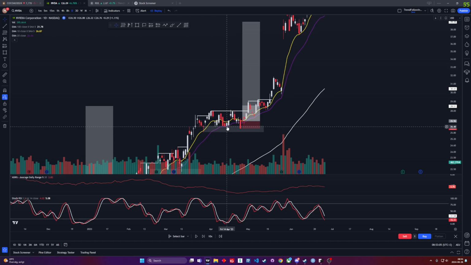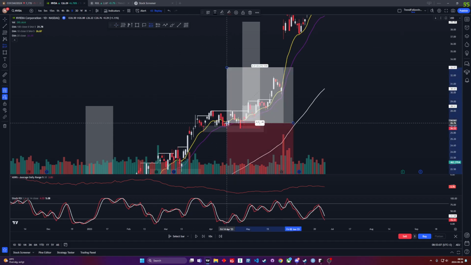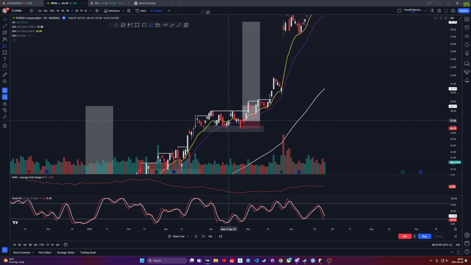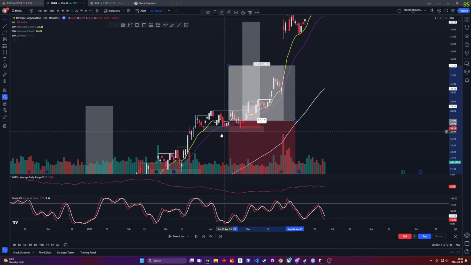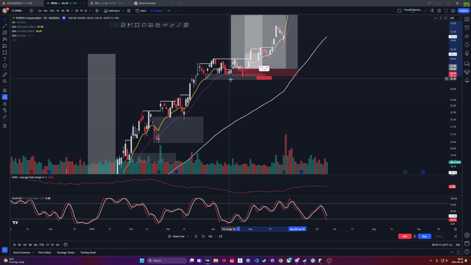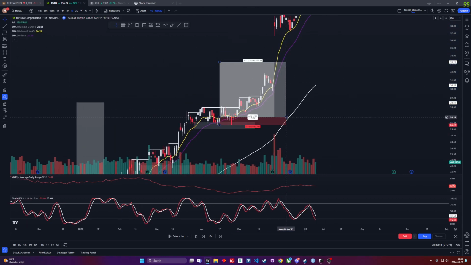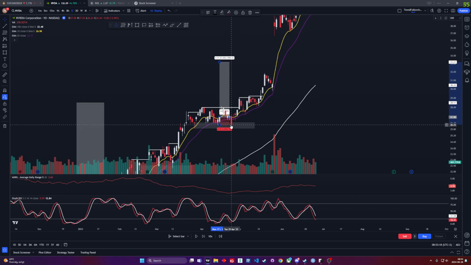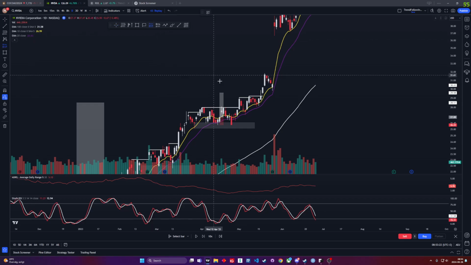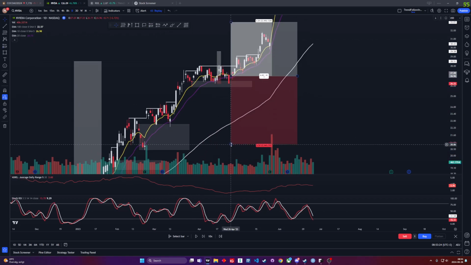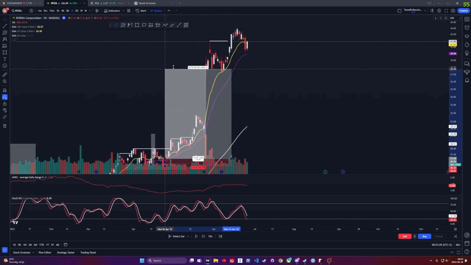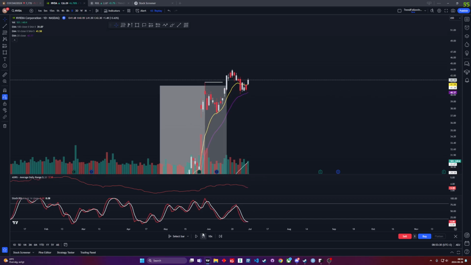Oh, hold on. This would be an entry. I was sloppy. This would actually be the entry that we take right here. Now, if this takes us out, fine. We take a loss and we get back in, because two entries in a zone. And off we continue.